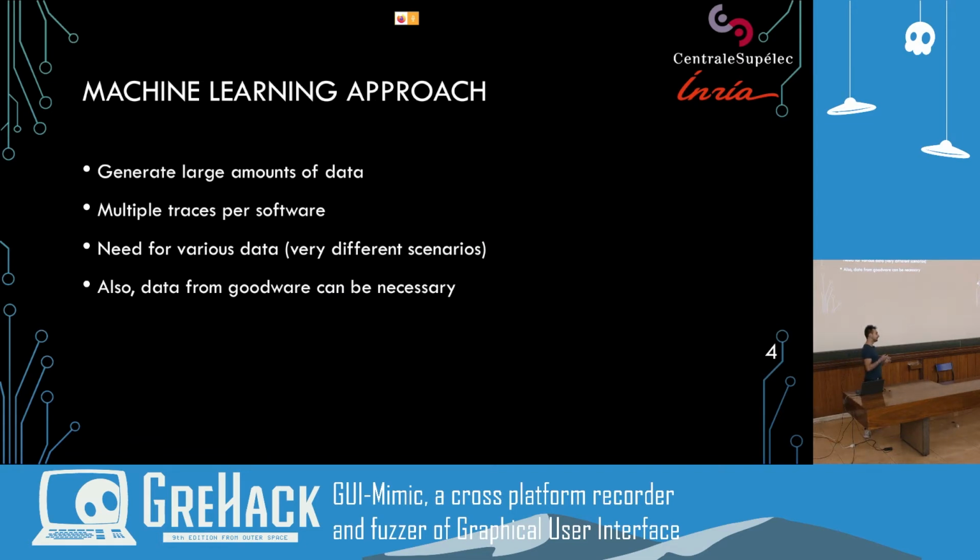More precisely, we want to have a machine learning approach, which will give us some requirements. First of all, we need to generate a lot of these execution traces to be able to train our models. Furthermore, we want to be able to do some behavioral analysis for particular software, which means we need a lot of traces per software to understand their behavior.